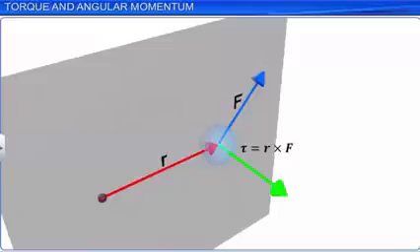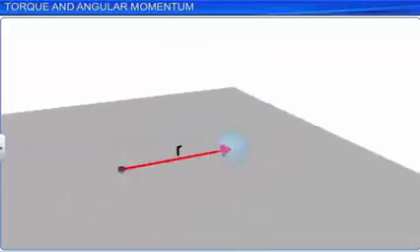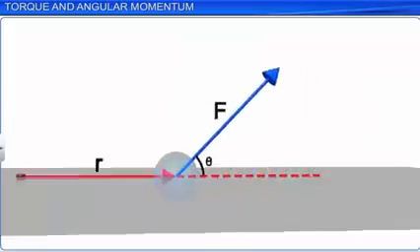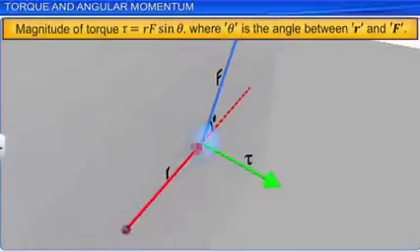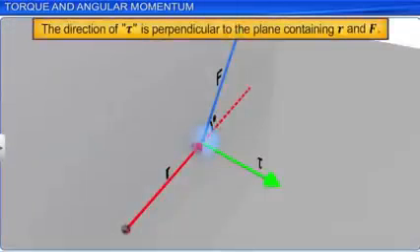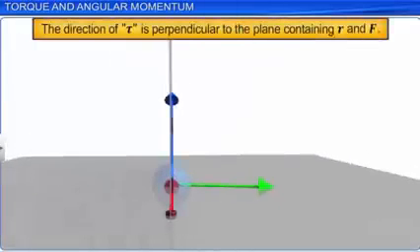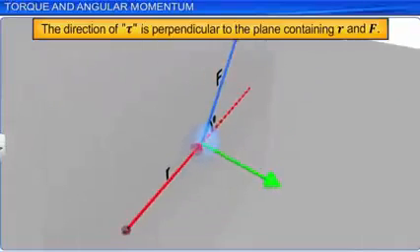Now let us try to understand what torque is. Torque is a vector and its magnitude is expressed as tau is equal to rF sine theta, where theta is the angle between r and F. The direction of tau is perpendicular to the plane containing r and F and can be found using the right-hand rule.